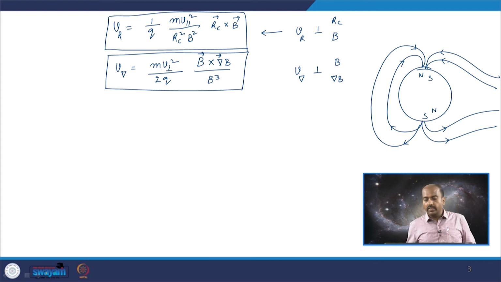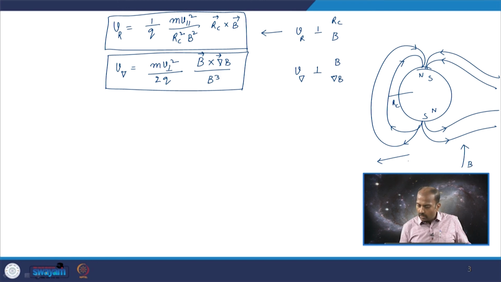Now, if you want to understand the formation of the ring current, let us define the directions. If the curved magnetic field line is like this, the radius of curvature is of course in this direction. Now, the gradient of the magnetic field is in this direction, away from the equatorial plane, and the original magnetic field is in this direction.